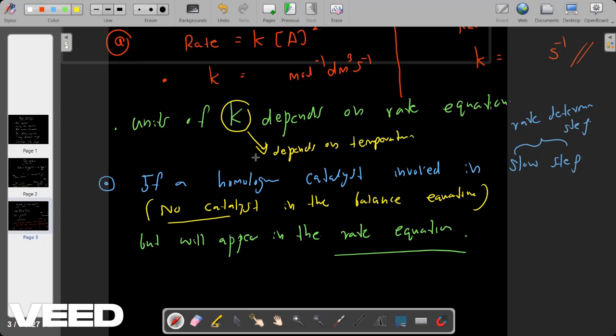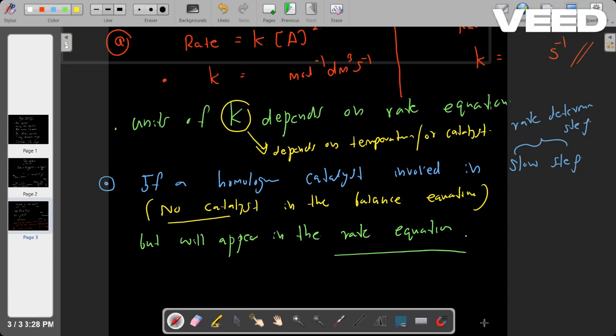For the same reaction, you can change K using temperature, or with a catalyst also you can change it, right? If you are using a catalyst, then the rate is changing, so therefore K is changing. Otherwise, you cannot change it, except with temperature.